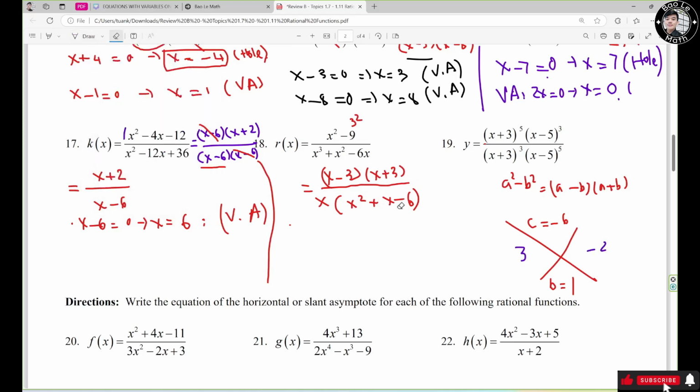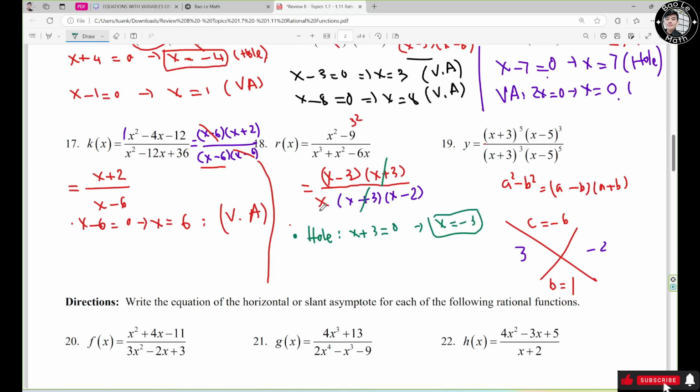So s squared plus s minus 6 can be written as s plus 3 times s minus 2, right? We cancel out s plus 3 and s plus 3 right here, so we have a hole. s plus 3 equals 0, and then s equals negative 3, right?